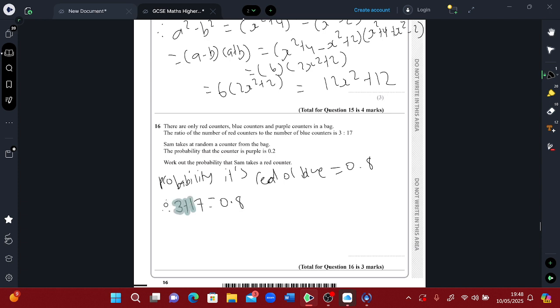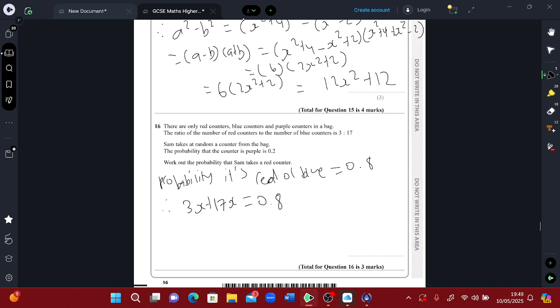Again, you could scale it, like we did in the other question. If we say 3x plus 17x is going to be 0.8. Yeah, actually, that's what you want to do, right? What did I say? 3 plus 17 is 0.8. Obviously, that's not true.